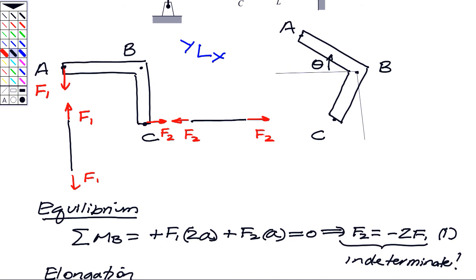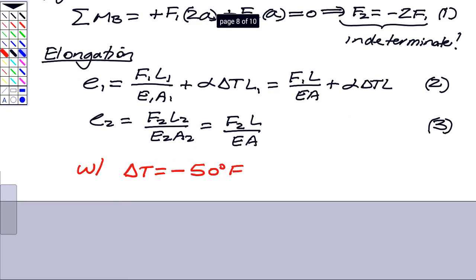And for that positive rotation, we have movements here of A and C. This is going to be due to the elongation of 2, this one to the elongation of 1. So from that picture, we can write down our compatibility equations.